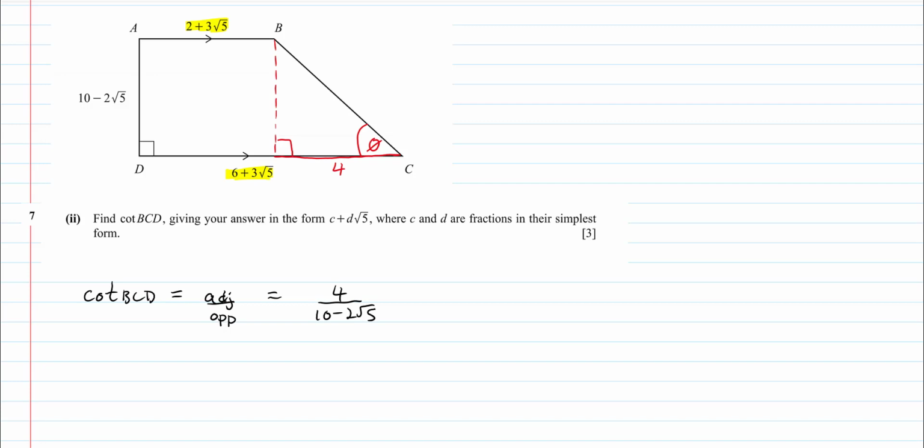So now we need to rationalize the denominator here, so we'll times top and bottom by the conjugate of the denominator, so that's going to be 10 plus 2 root 5.